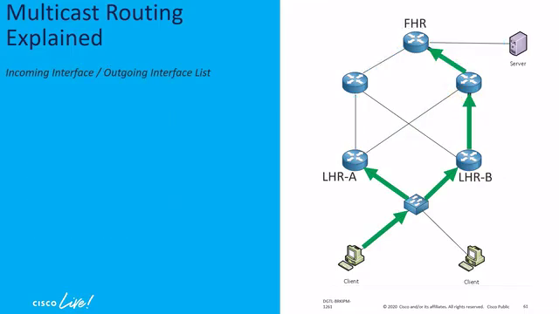Now, PIM is primarily responsible for tracking the incoming interface and the outgoing interface list for a multicast group. Now, the incoming interface is based on what we just talked about. The incoming interface is the interface on which we expect to receive a multicast packet based on the source. So when a receiver sends that IGMP report and it's turned into a PIM join, it is forwarded towards the source.